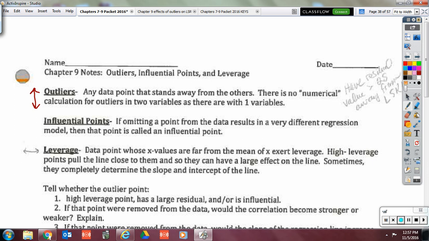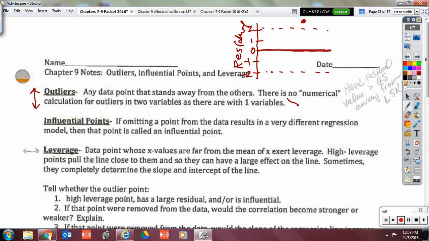I wrote here that there really is no numerical calculation for outliers, as there are with one variable, but I think you can imagine that if you have your residual plot and you have your prediction line, and a point that is more than 2 standard deviations above or below the equation of the line, then that does make it considered an outlier.